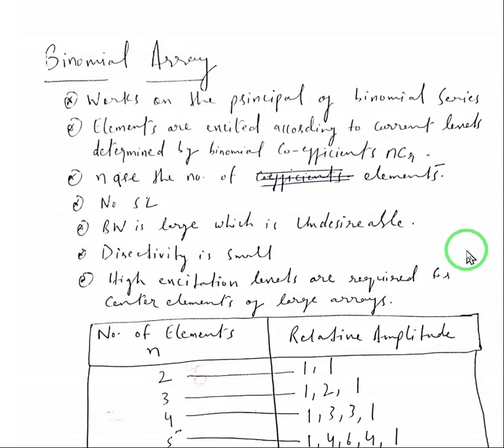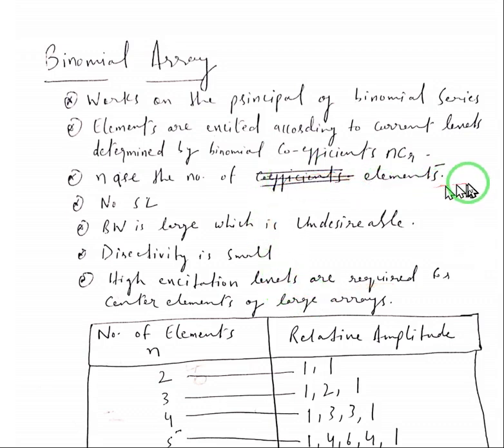Elements are excited according to current levels determined by the binomial coefficient, that is nCr. These are all the terms that are used in the binomial series, and basically that array works on these principles. So the terms used in the binomial series work as the elements here.